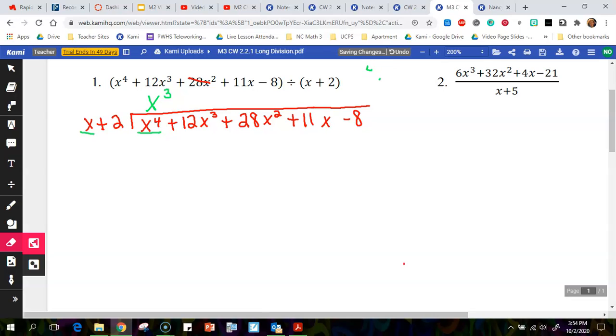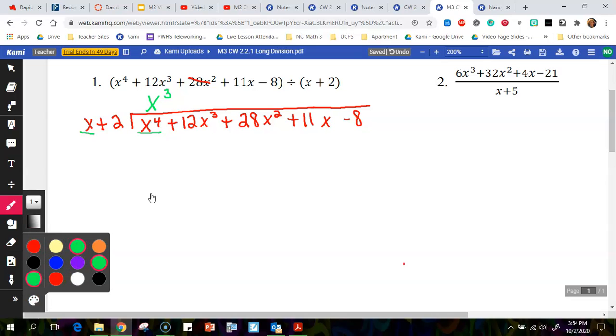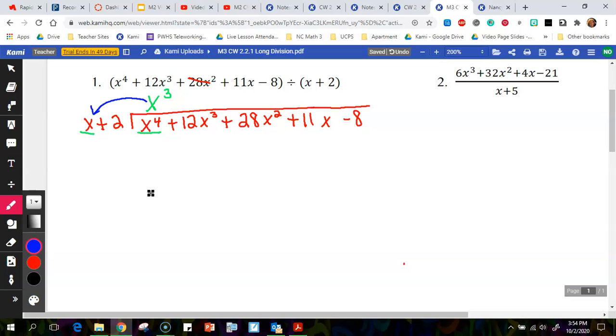All right. So then what I have to do is multiply the x cubed times the x squared. Let's put our dot. So x cubed times x squared is x to the fourth.